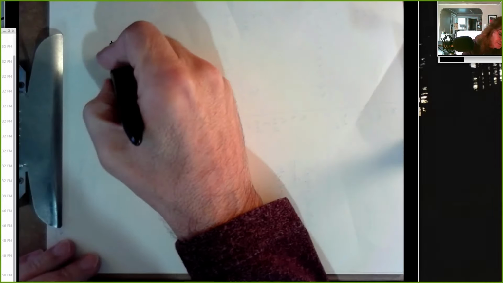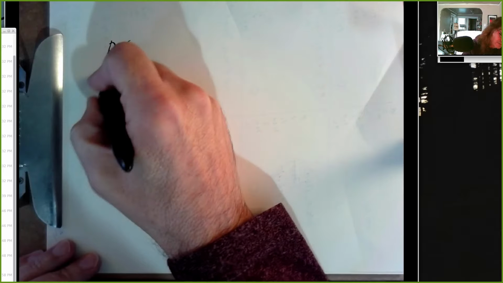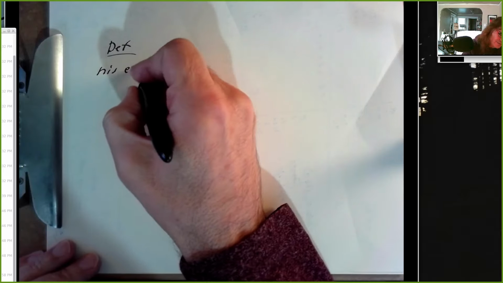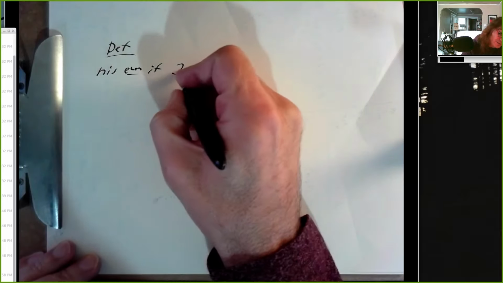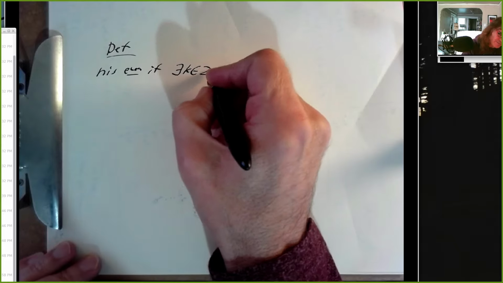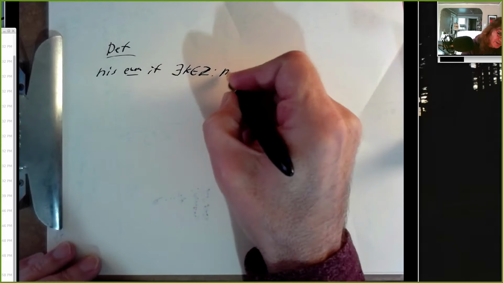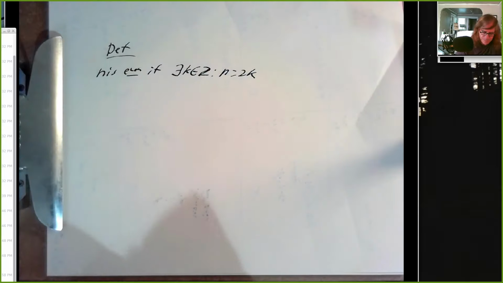An even number is a number that can be written as 2 times an integer. So, definition: n is even if there exists an integer k such that n equals 2 times k.